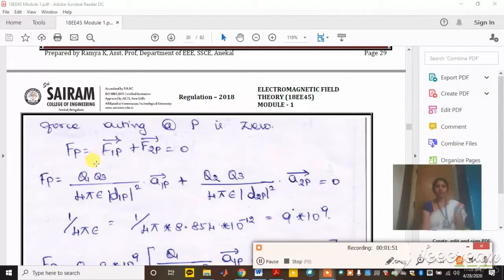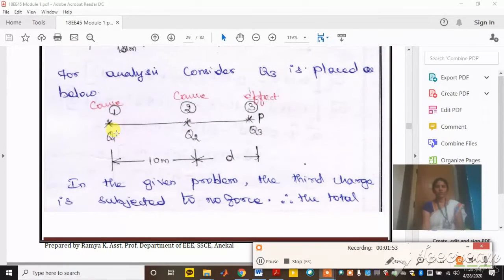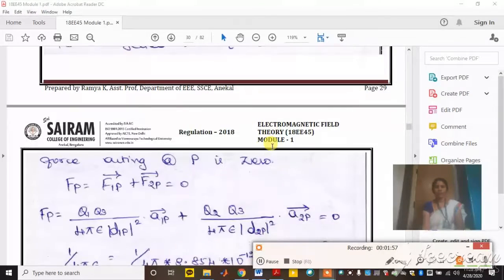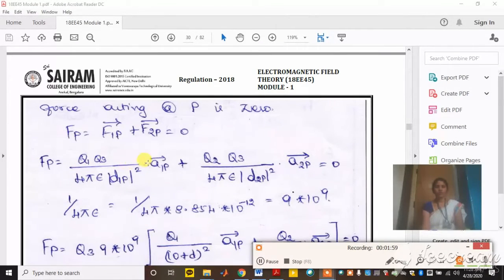What is F1p? It is Q1 into Q3 divided by 4 pi epsilon D1p square, A1p unit vector, plus Q2 into Q3 divided by 4 pi epsilon D2p square, A2p vector, which is equal to 0.